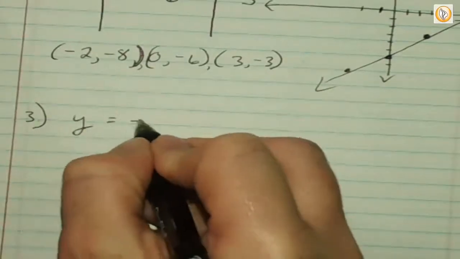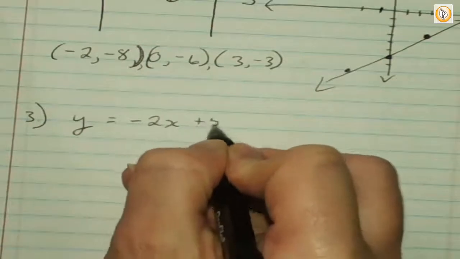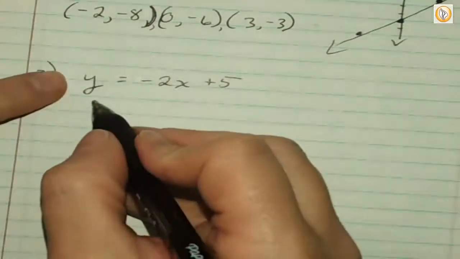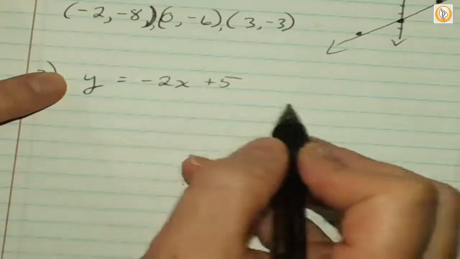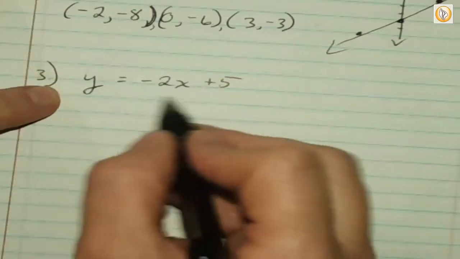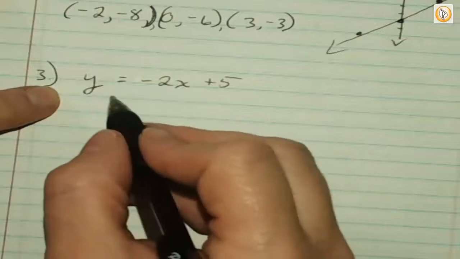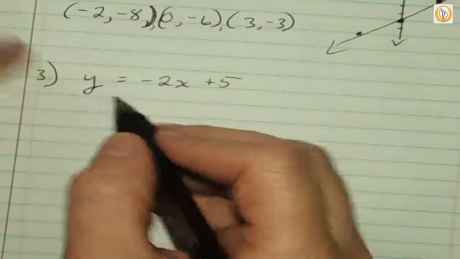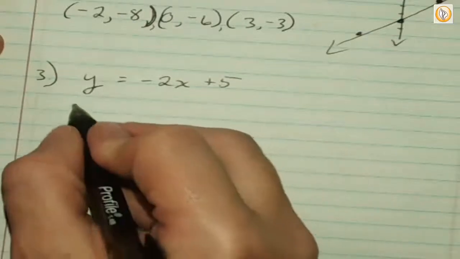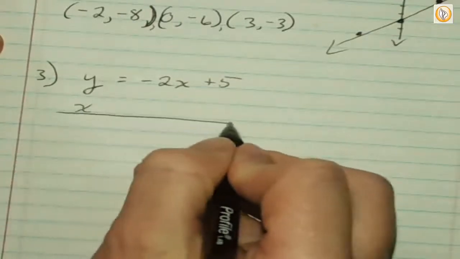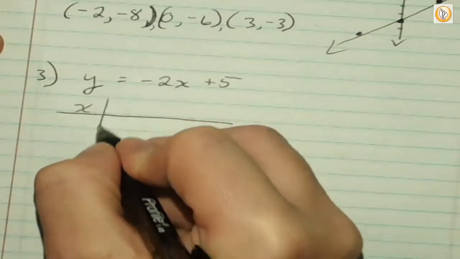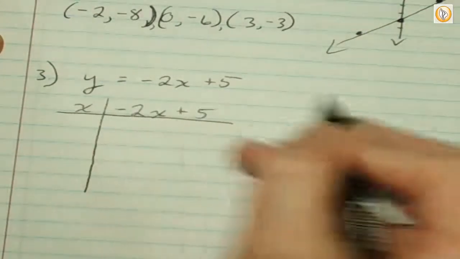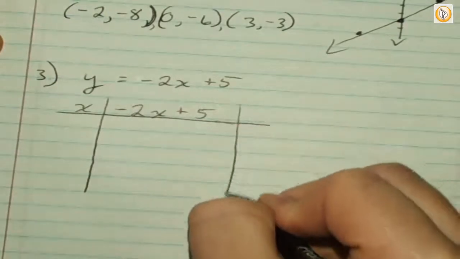It's y equals -2x plus 5. Okay, so we're going to choose, and is it already set as y equals whatever? That's important, right? It says in the first steps to always have it equal to y, and it already is for you, so that's good. Setting up my table.